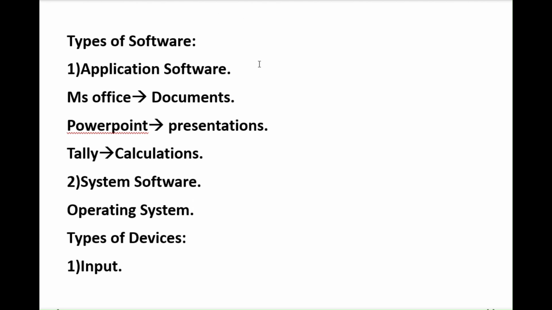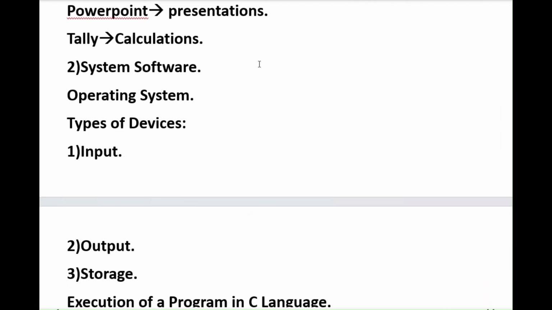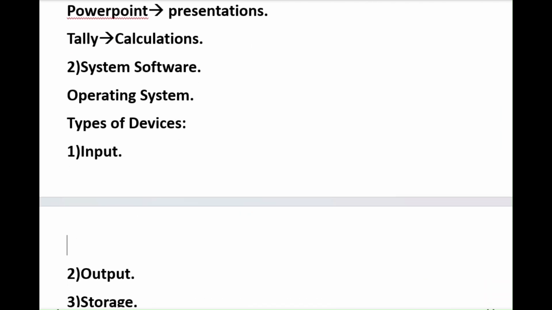And now types of devices. There are three types of devices: input devices, output devices, and storage devices. What comes under input device? Input devices, we all know, basically keyboard, mouse, and for example scanner, etc. These are known as input devices.